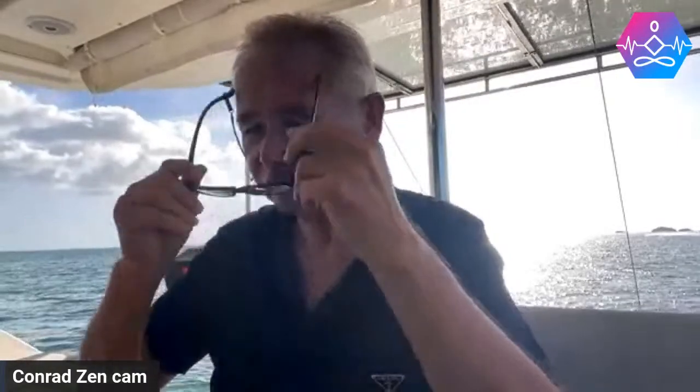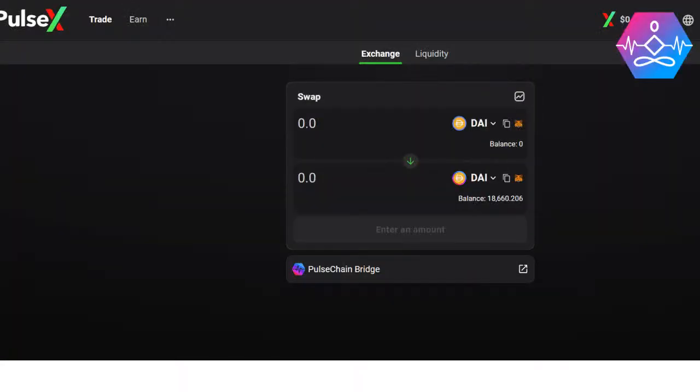One of the most important things to understand is that on Pulse Chain, there are actually 2 versions of DAI. If I could just show you, it's very important to note that these 2 coins are completely different. We have DAI from Ethereum and DAI that's just a made-up DAI.